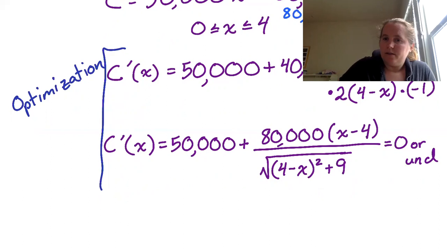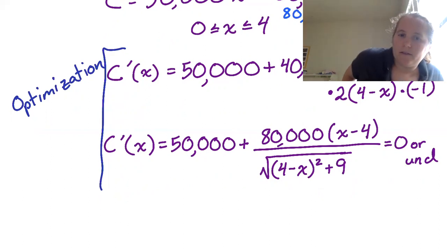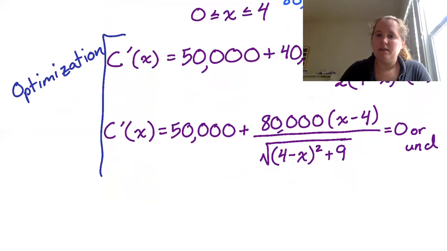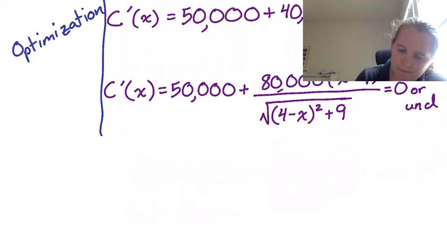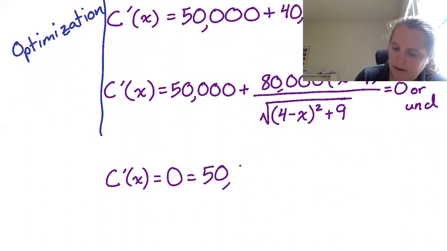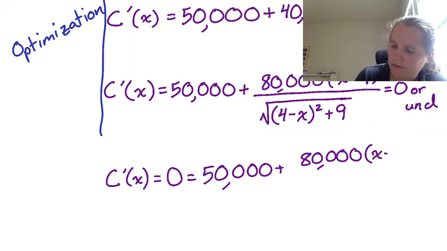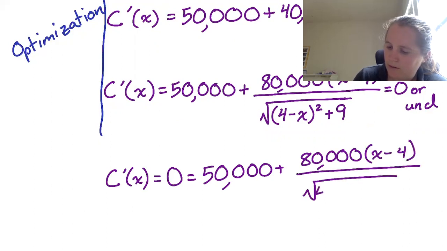So if we set this equal to 0, we have our 50,000 plus 80,000 times (X minus 4) all over the square root of (4 minus X) squared plus 9.